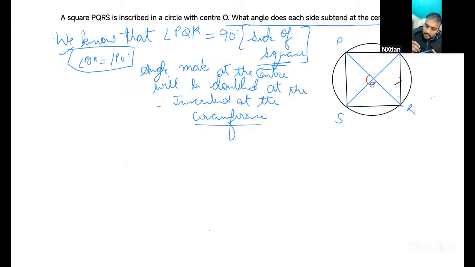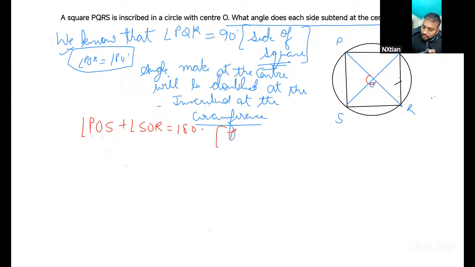Now we know that angle POS plus angle SOR is equal to 180 degrees.